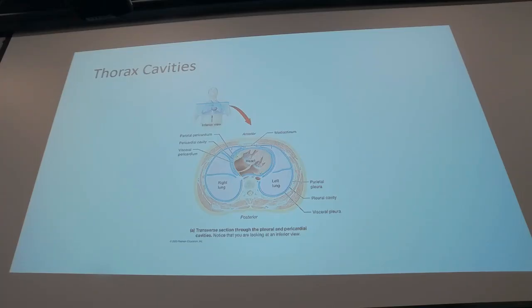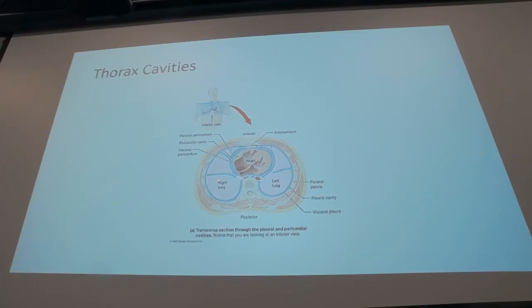So this mediastinum basically holds the heart, that's the only organ that you can see there, but also the great blood vessels that attach to the heart, and in the case of young people, from 17 and below, they have the thymus, which is an organ of the immune system.